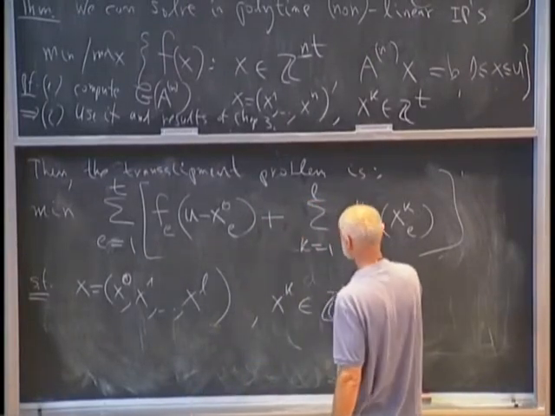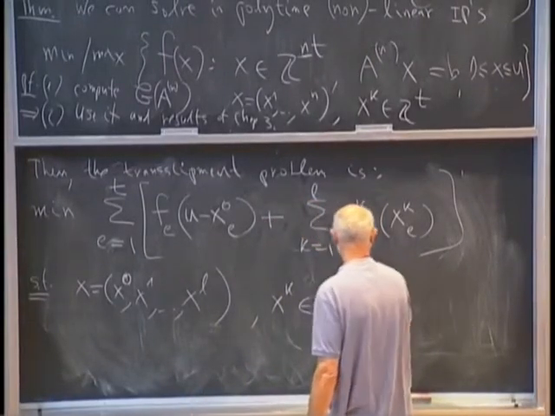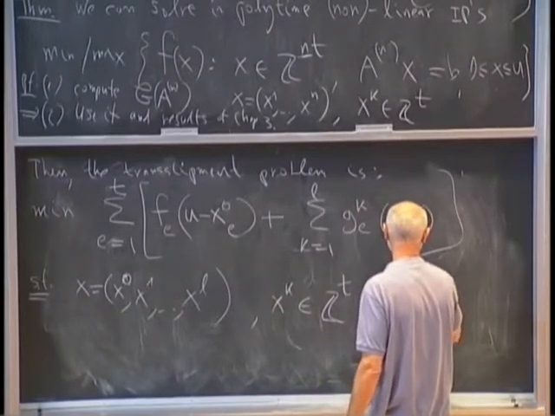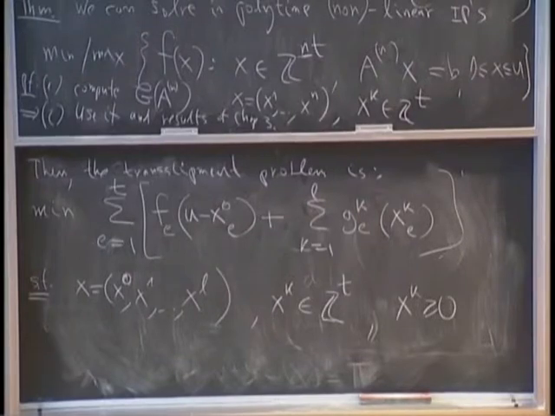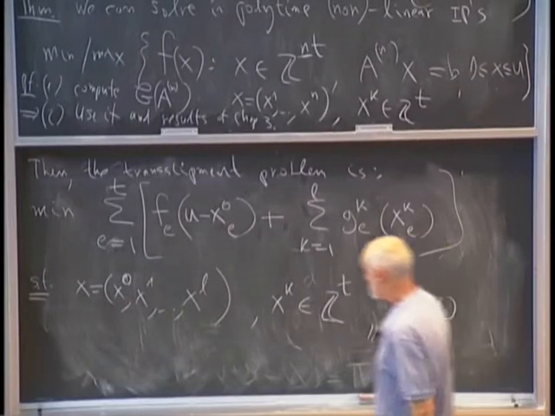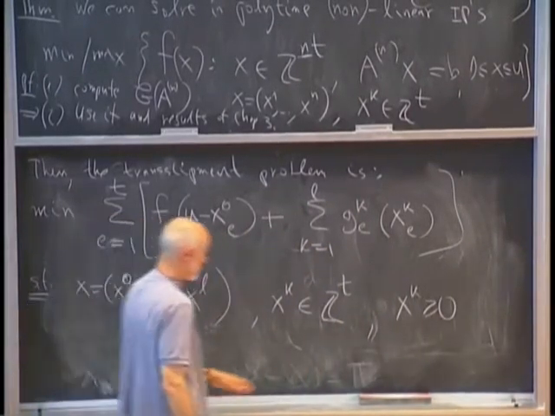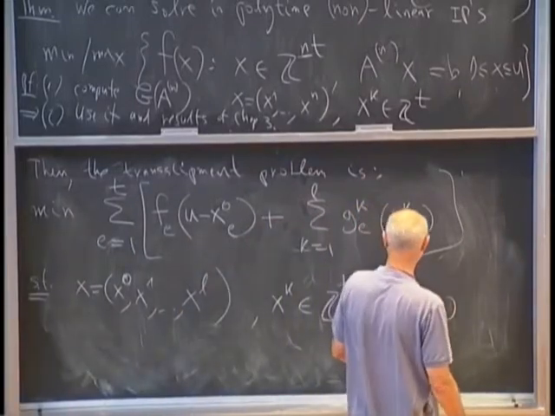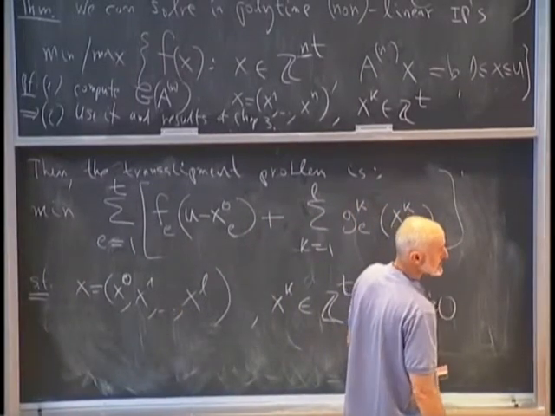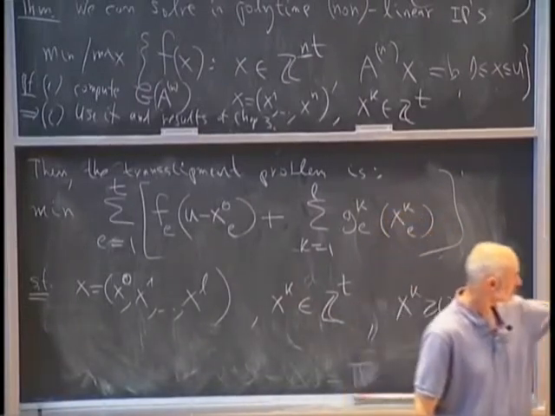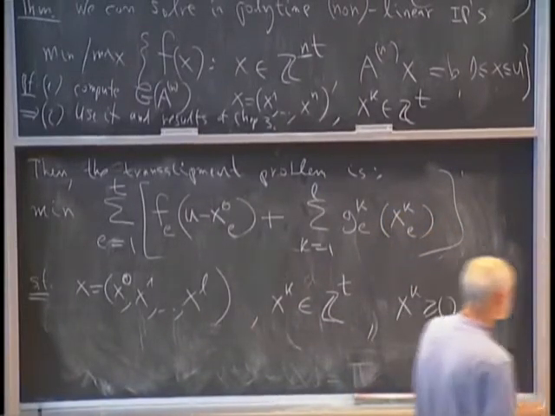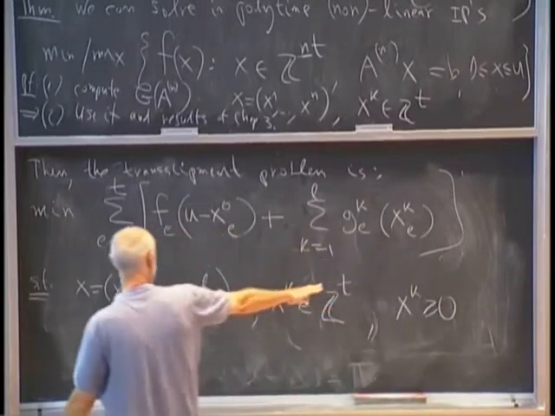So we have T edges, and it should be non-negative and integer. I should actually write the upper bounds, maybe. No upper bounds now, because this is somehow obtained through this. So no upper bound, just non-negativity.